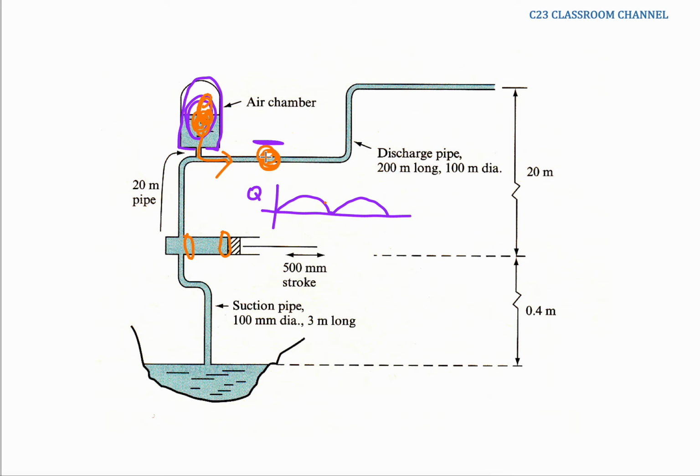So in the tutorial you will find that the calculation for water inside a pipe after the air vessel uses the same equation we learned in Fluid Mechanics 1, which is the loss in pipe. This shows that the air vessel can make the flow rate steady instead of a sinusoidal curve like this one.